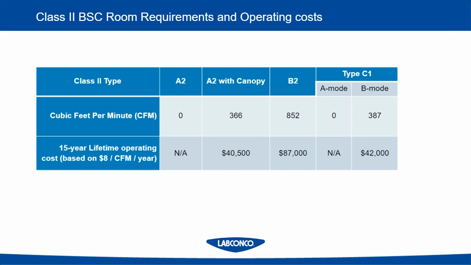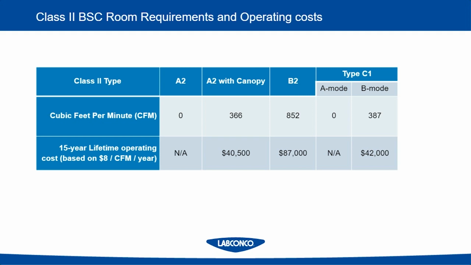So this last slide, basically what I wanted to summarize is a question that we get a lot on biosafety cabinets: how the operational costs compare between the different types, the A, the B, and the C, and where does that come from? As I discussed a little bit about the different cabinet types, the amount of air exhausted between an A2, a B2, or a C1 when connected to exhaust can vary.